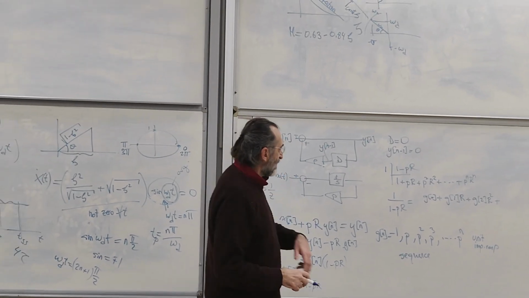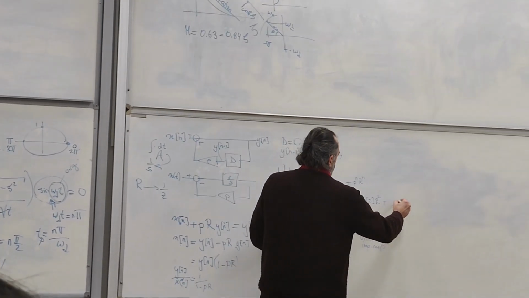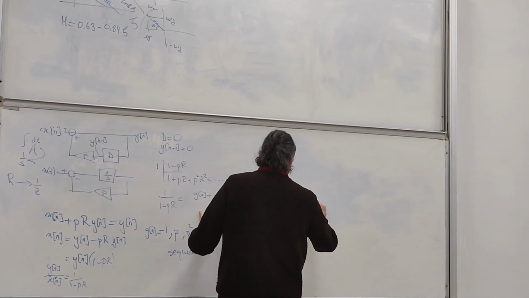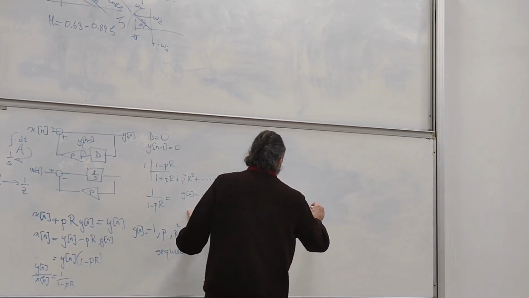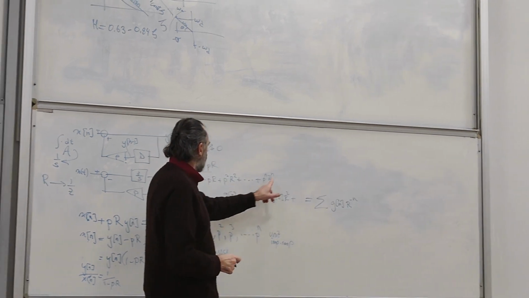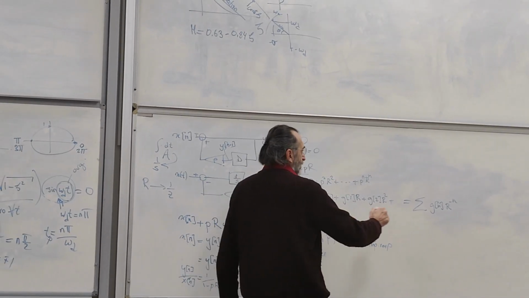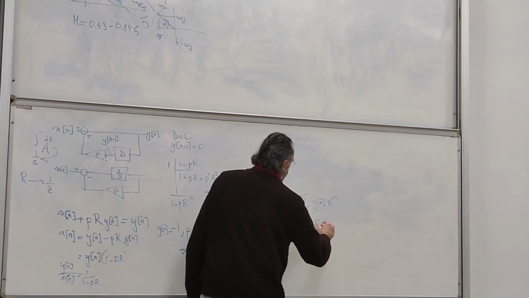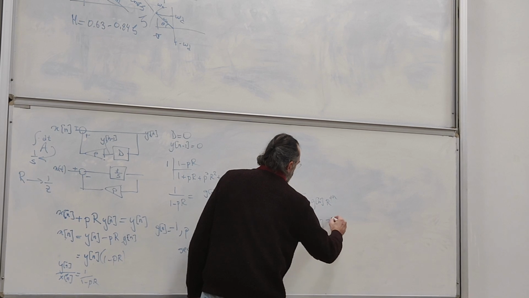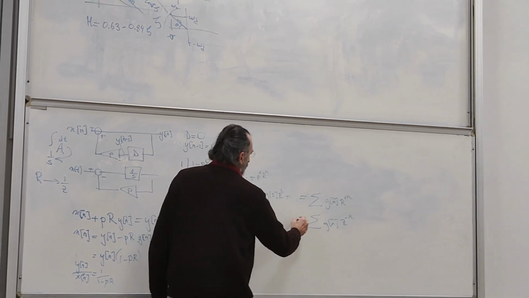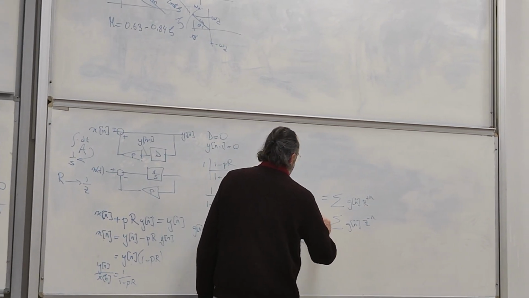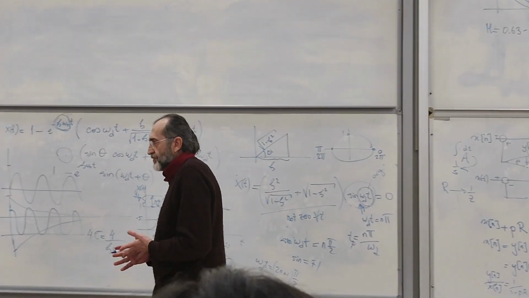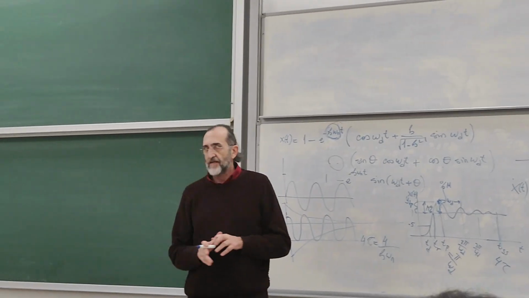So this is actually the summation of g of n times R to the n. Therefore this is equal to g of n times Z to the minus n, and that is G of Z, the Z transform of the system. Now you should know this, you should have studied the Z transform some.